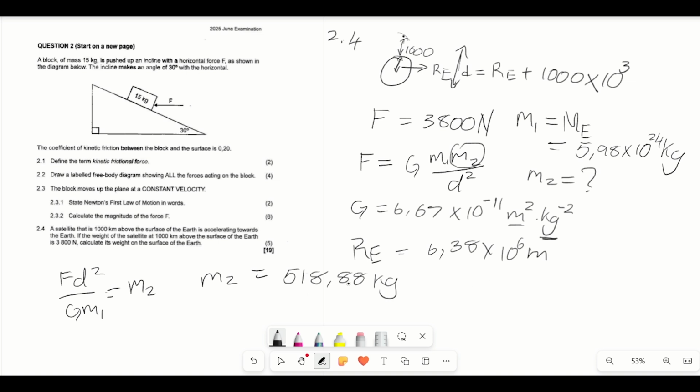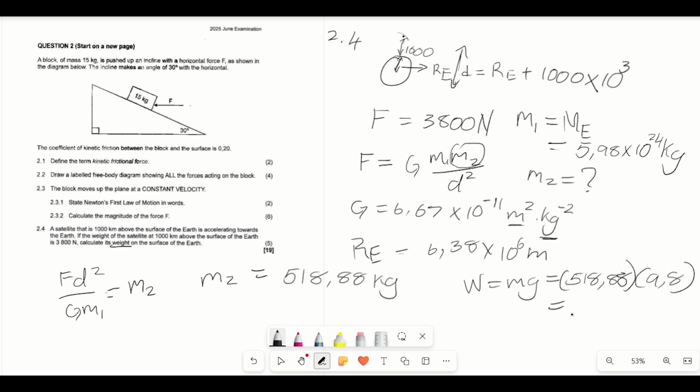So now we need to get the weight because they wanted the weight. Calculate the weight, which is W equals mg. We got our m as 518.88, and we know gravity is 9.8 meters per second squared.